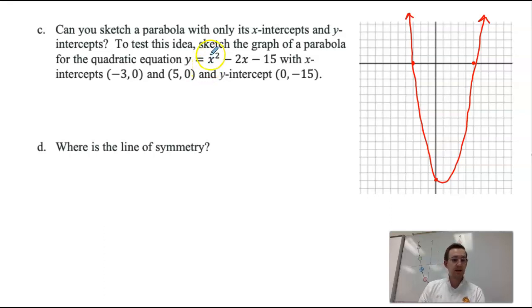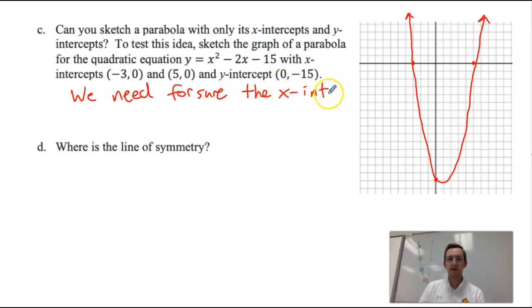So in order to graph this, we need, for sure, the x-intercepts and either the y-intercept like we have here or the vertex of the parabola in order to get a rough estimate.